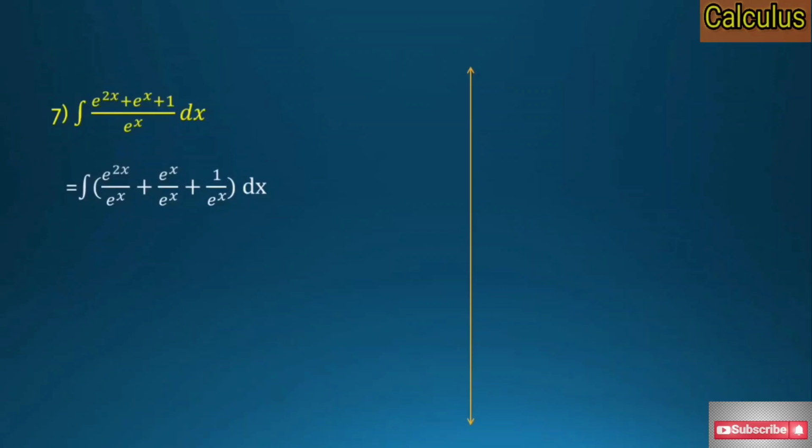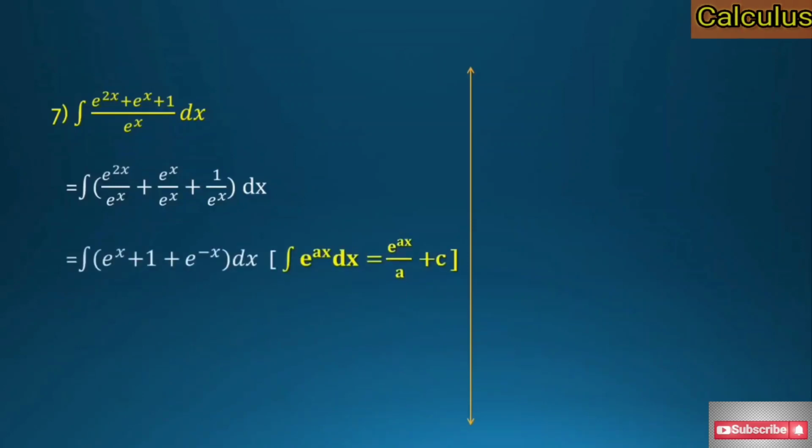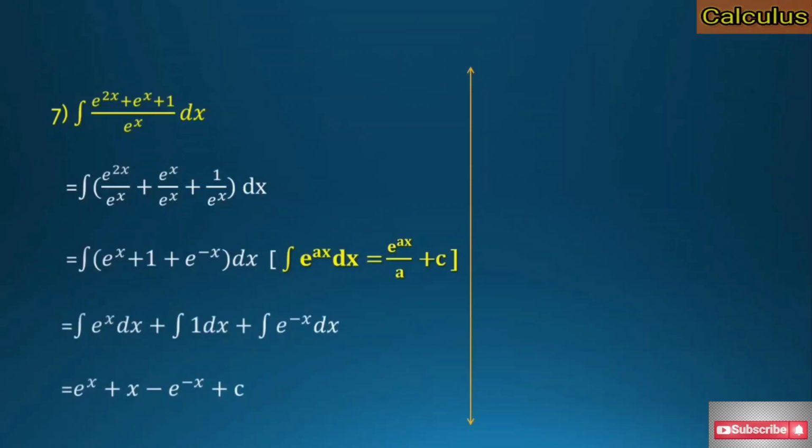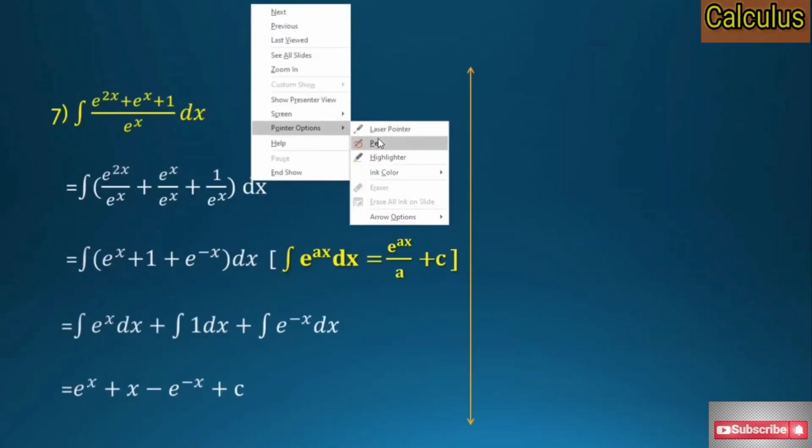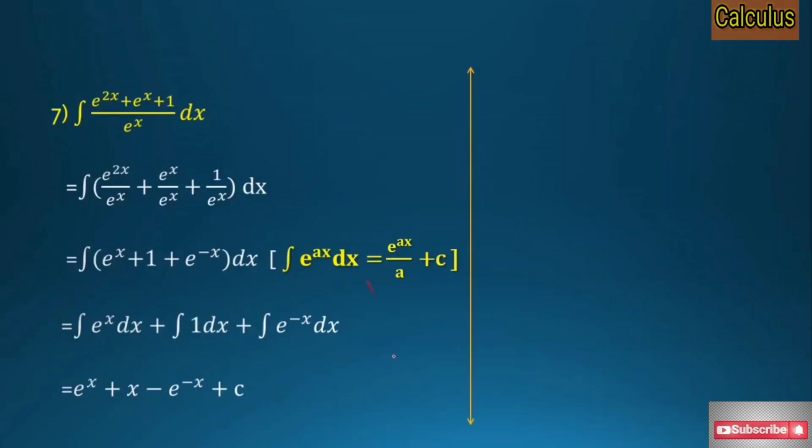That becomes integration of e to the power 2x by e to the power x plus e to the power x by e to the power x plus 1 by e to the power x dx. That becomes integration of e to the power x plus 1 plus e to the power minus x dx. You can use this formula and get the answer.